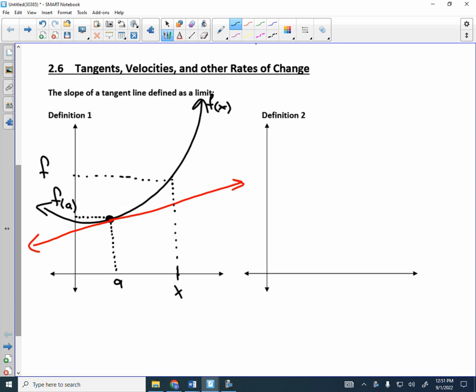F of x. So what you've told me is in order to find slope, we do y sub 2 minus y sub 1 over x sub 2 minus x sub 1. What is y sub 2 in this scenario? F of x.